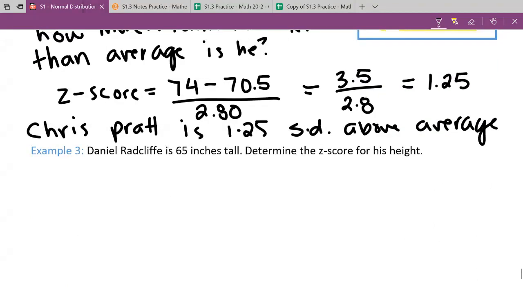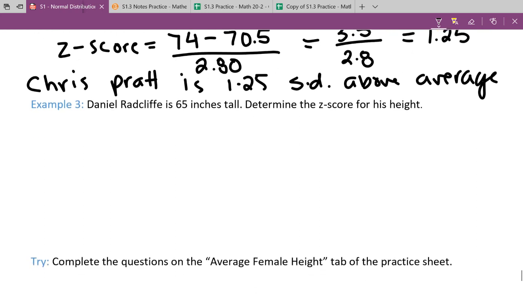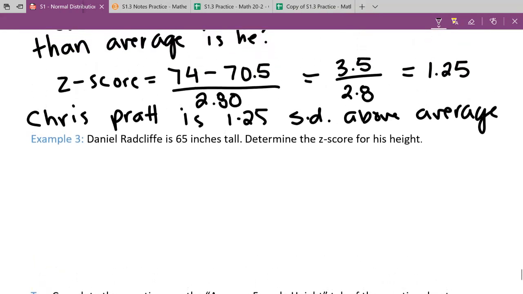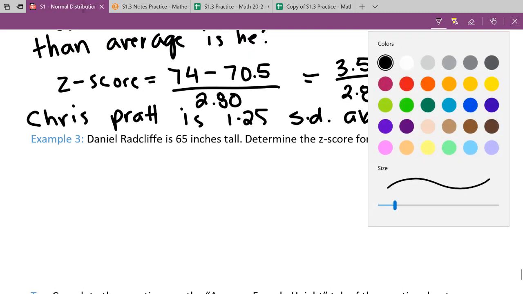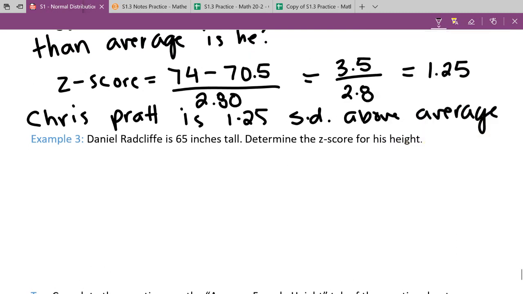Daniel Radcliffe, a slightly shorter famous actor, is 65 inches tall. Let's figure out how tall he is compared to the average, his Z-score. So he has a value of 65, so the Z-score equals, now our value is 65. That's what we're trying to determine. We're trying to talk about Daniel specifically here. The mean is still 70.5.